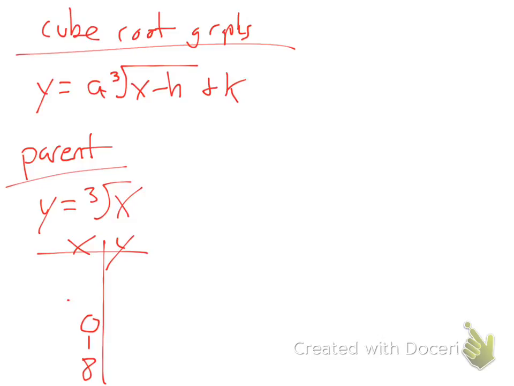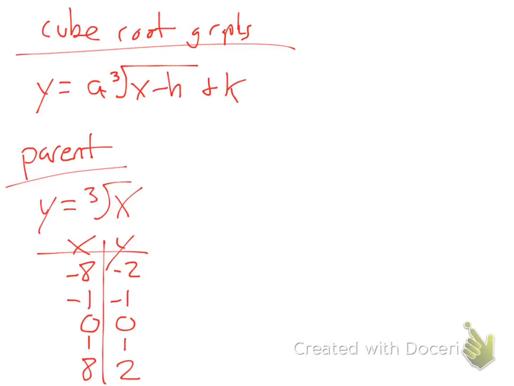But since I can go negative, I have to have negative 8, negative 1, 0, 1, and 8. This will never change. What's the cube root of negative 8? Negative 2. Cube root of negative 1? Negative 1. Cube root of 0? 0. Cube root of 1 and 8, respectively. From here, you build the rest of it.